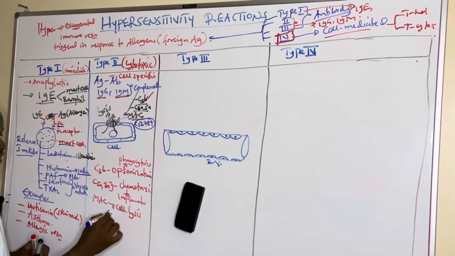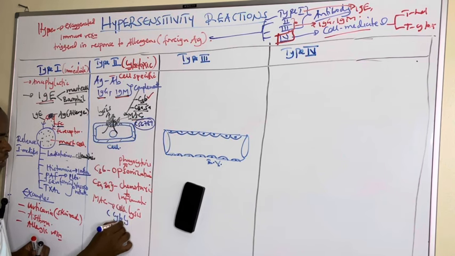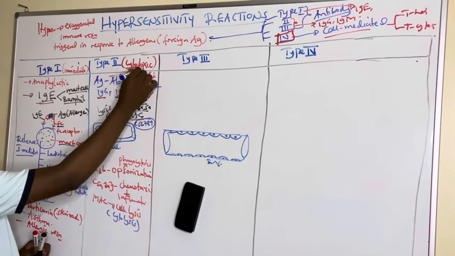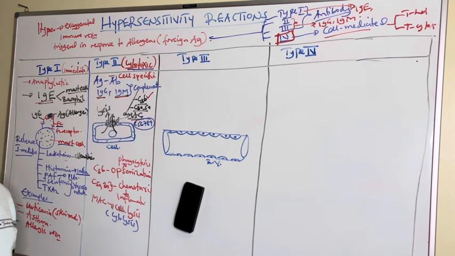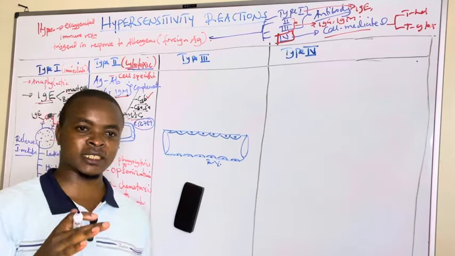So cell lysis, we can call it cytolysis. And that's why we say it is a cytotoxic hypersensitivity reaction specific to the cells. So that is what we can discuss about type 2.